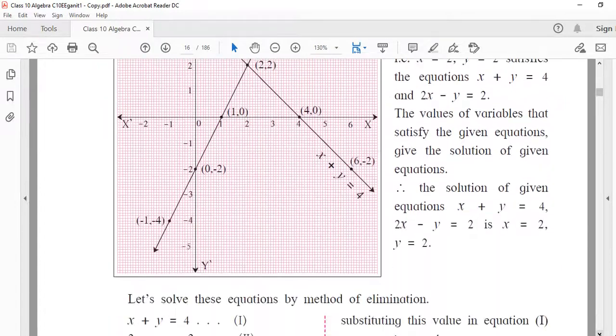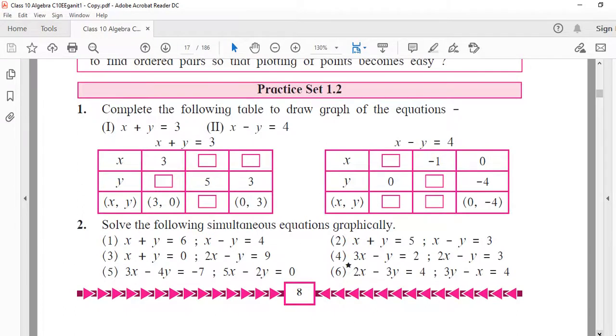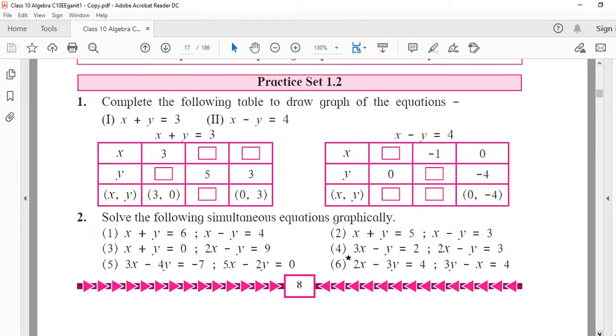So we'll start with exercise 1.2. I'm not sure how I'm going to do it, because writing on laptop is a bit different than writing on a book, but we'll do it for sure. Okay, so what is given over here is complete the following table to draw graph of the equation.